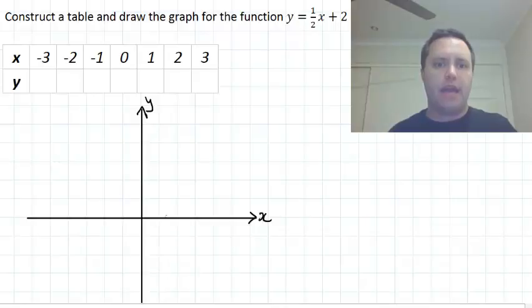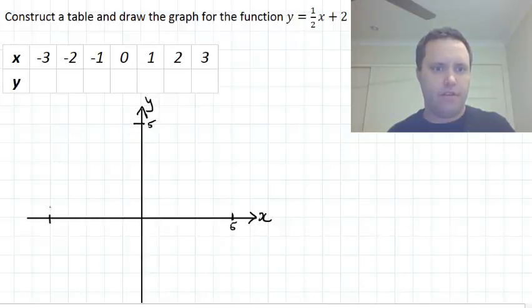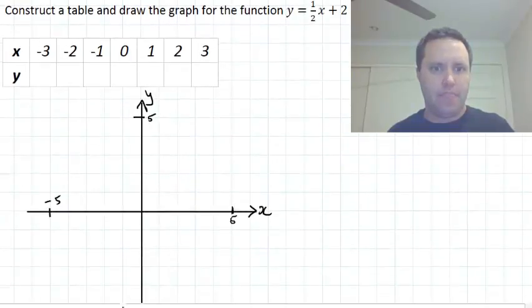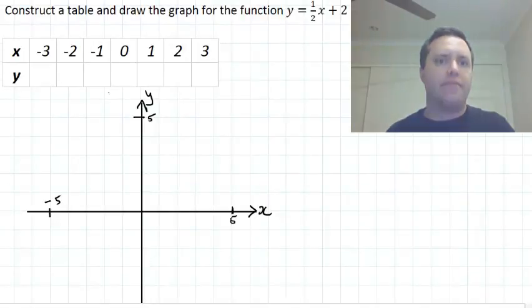And 1, 2, 3, 4, 5. That's positive 5, and negative 5, all the way down the end.